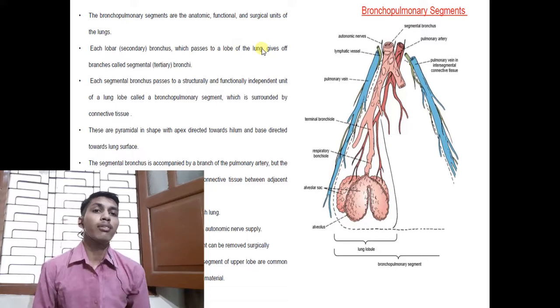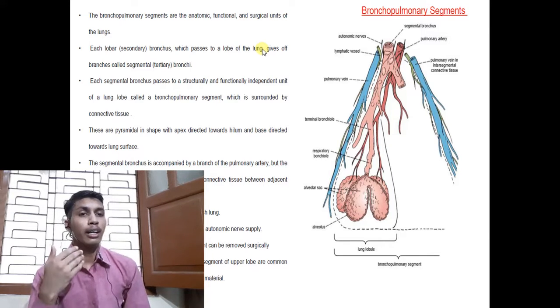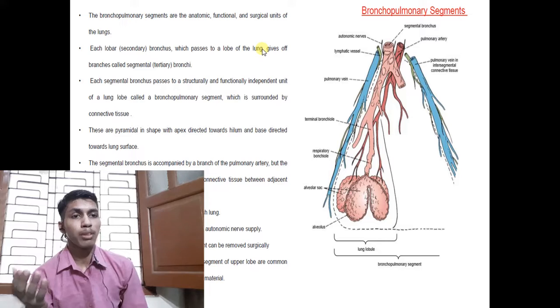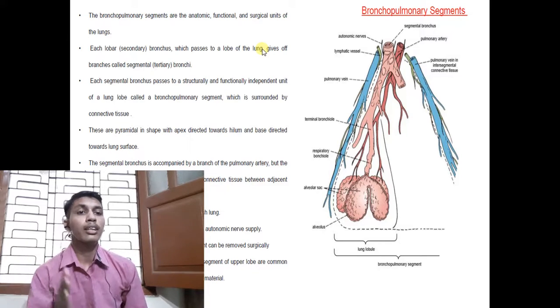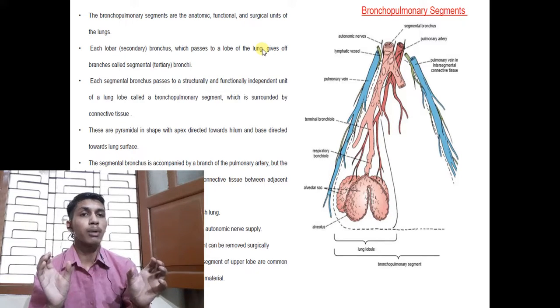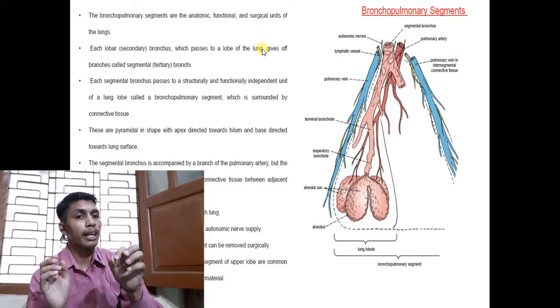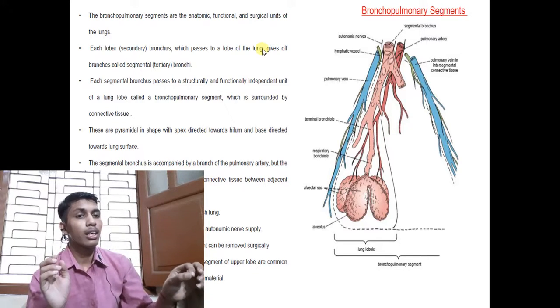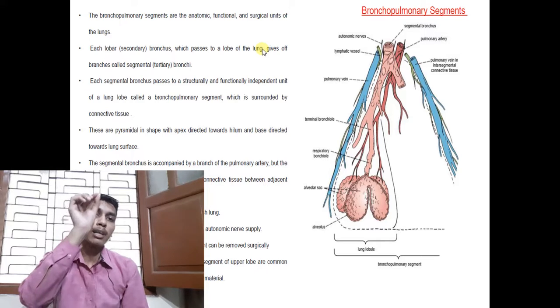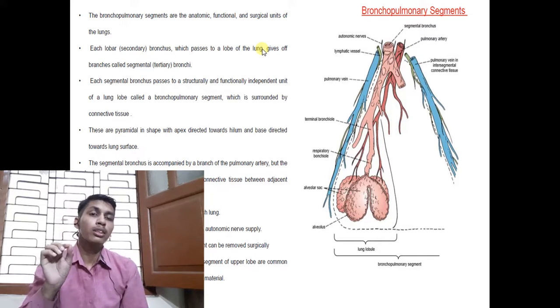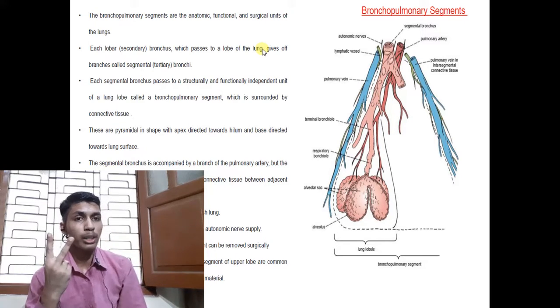I have also explained in the previous video of the root of the lung that each lung is supplied by a principal primary bronchus. The left principal primary bronchus directly enters the left lung, but the right principal bronchus, just before entering the hilum or the root of the lung, divides into two lobar bronchi.